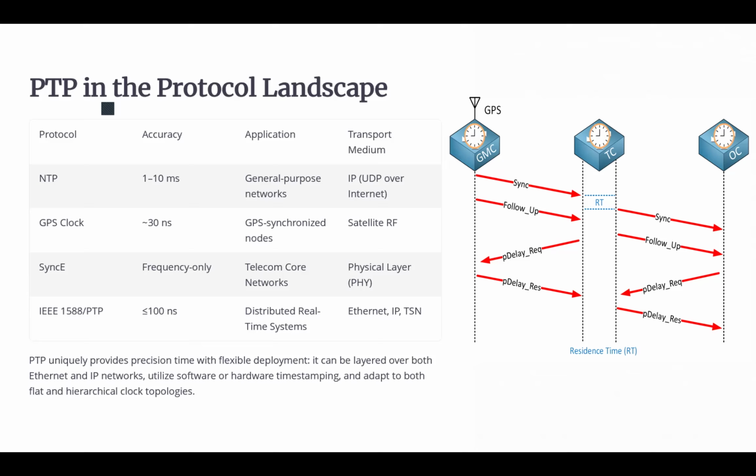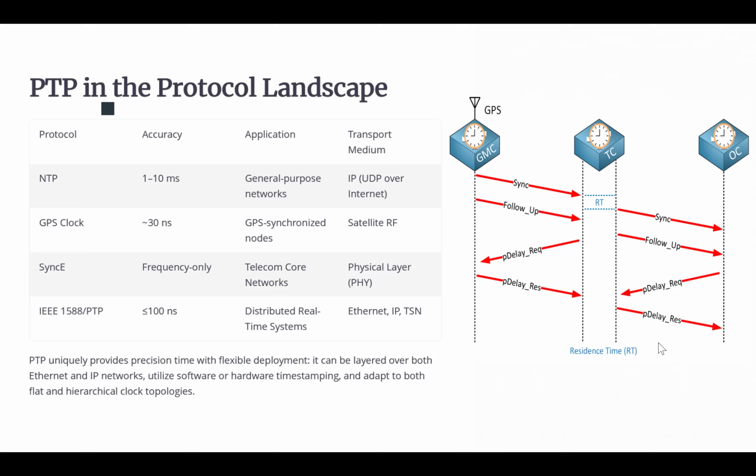So we could have high precision in both aspects. Now, PTP is very flexible. When we talk about supporting networks that are flat, we are going to talk about what we mean by a flat network, or a network that has a hierarchy in our system, so we have several layers in our network.